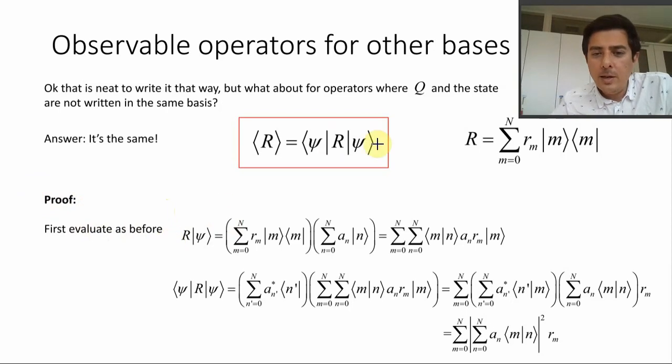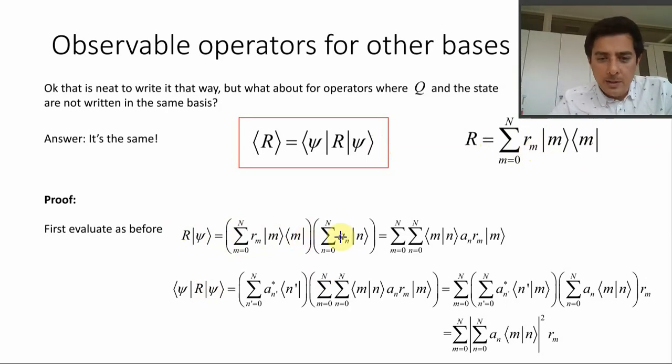Let's multiply this R times this state psi as we did before. So here we have R times psi, and here's our definition of R. Again, we've got these values of the observable with the outer product of the states.